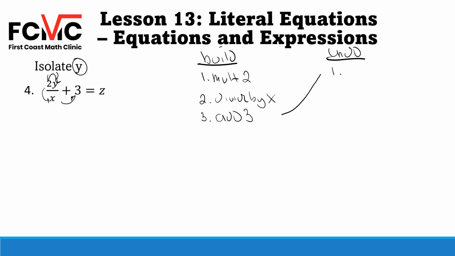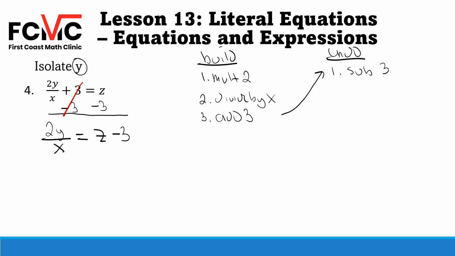So let's undo adding 3 first and subtract 3. So minus 3, minus 3. 3's cancel out on the left. I get 2y over x equals z minus 3.